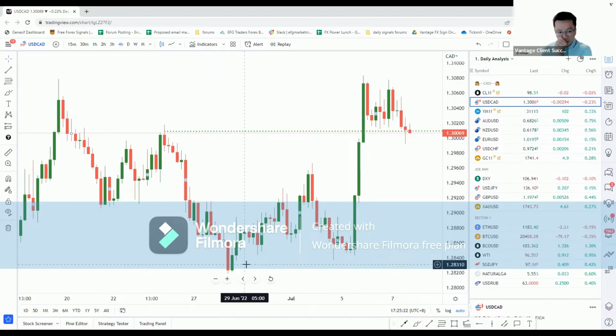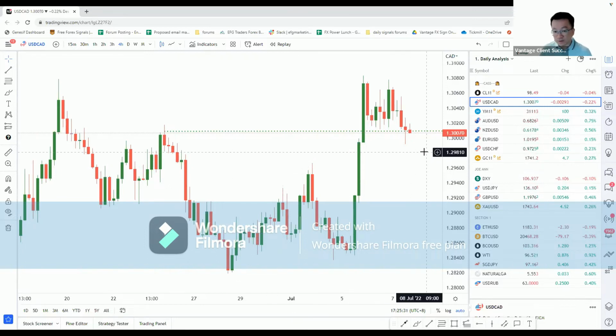I think that the upside might be limited on the US CAD. Right now, it looks like a possibility for a reversal, especially if we do see some weakness in the dollar, and also if the markets start pricing in a higher likelihood of the Bank of Canada increasing rates aggressively.